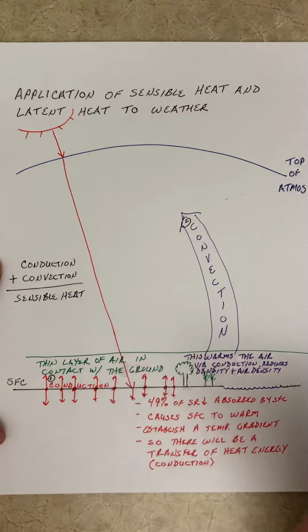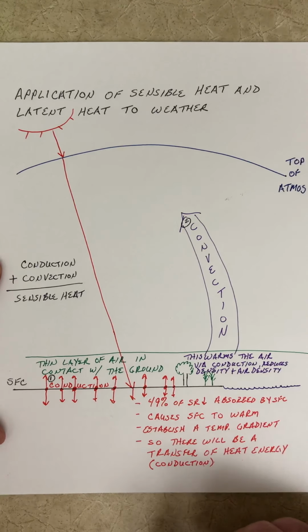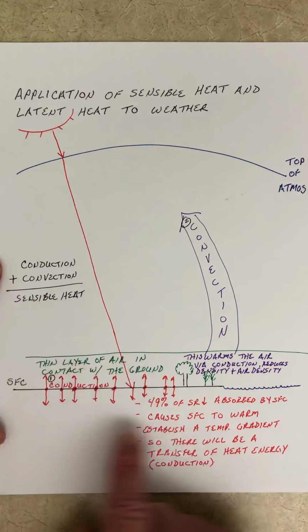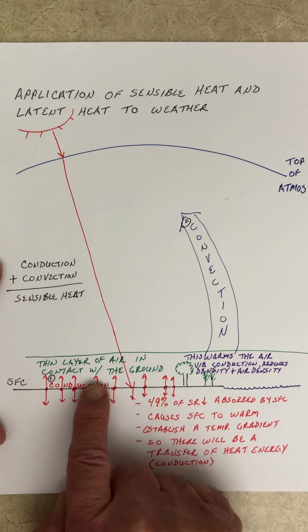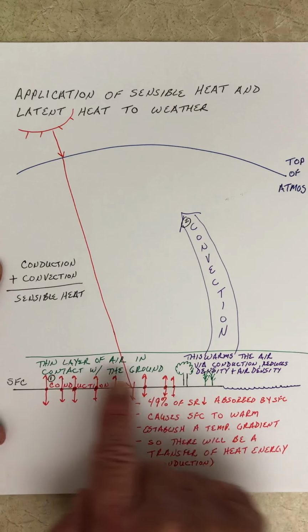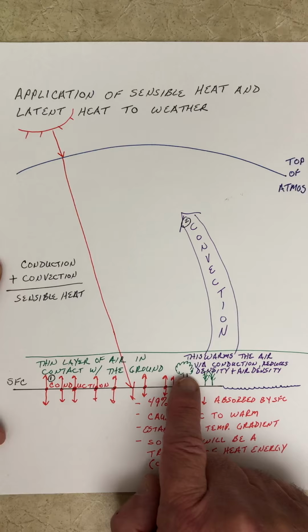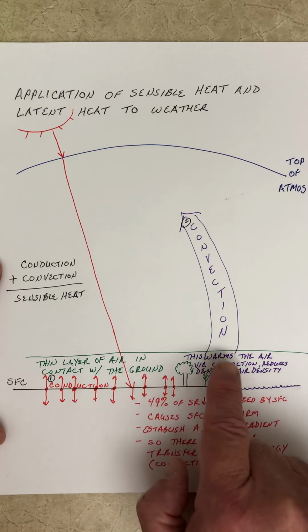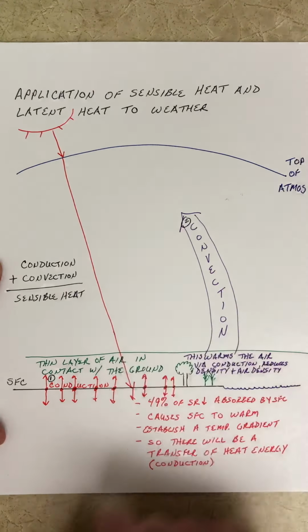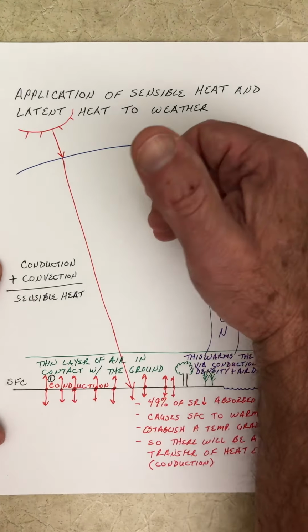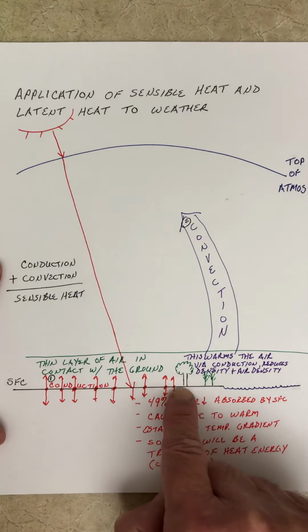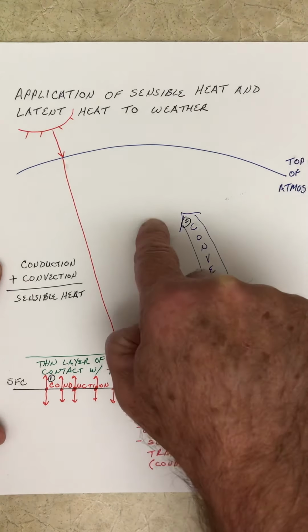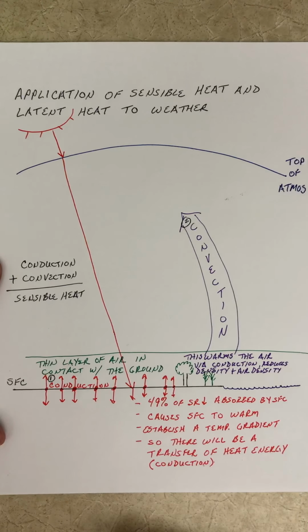One of the ways that we do that is through sensible heat. The Earth's surface warms that thin layer of air in contact with the ground, that reduces the density of the air, so the air rises through convection, and it carries heat energy with it from the surface, where there's a surplus, into the atmosphere, where there's a deficit.